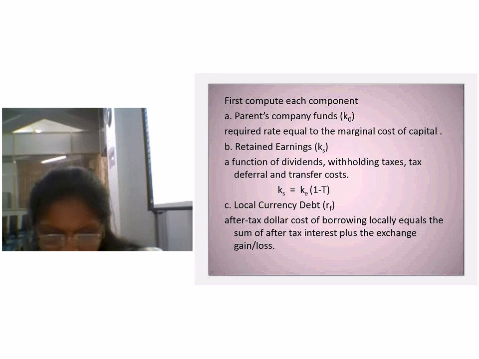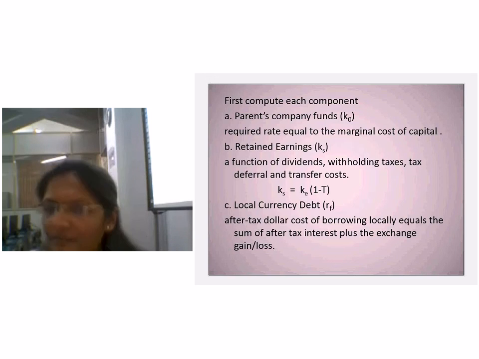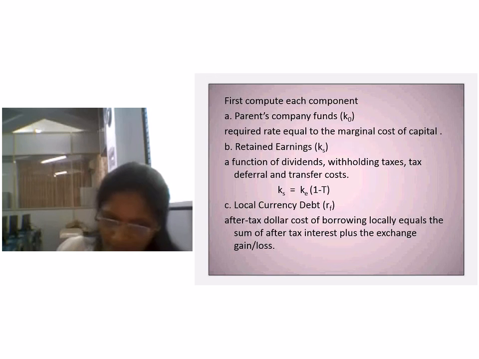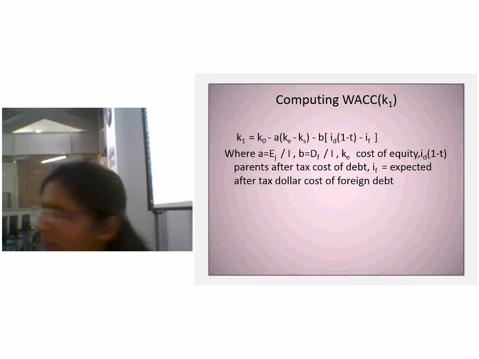Because that has an impact on the weighted average cost of capital of the foreign subsidiary, right? Therefore, we have to consider the exchange rate gain, whether there is a devaluation of the currency or an appreciation of the currency. Right.